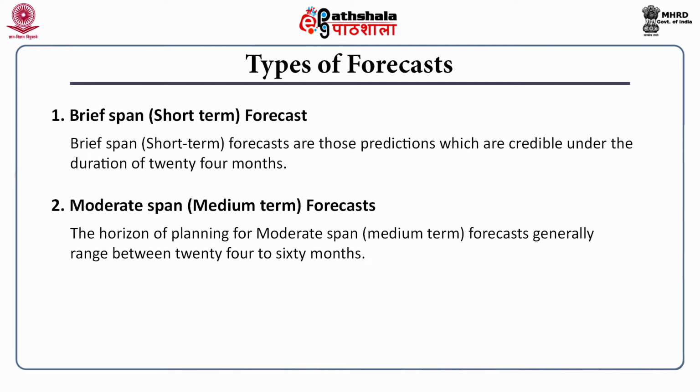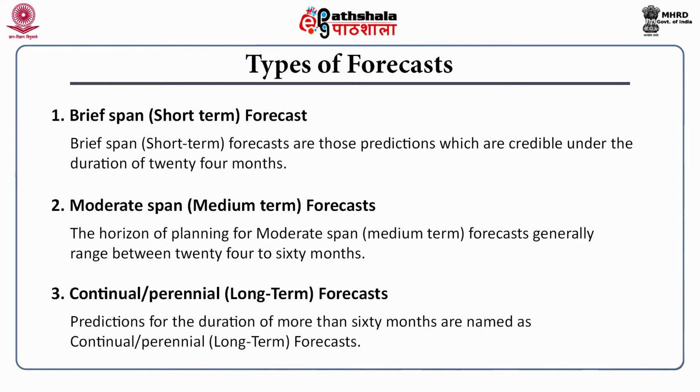Third is continual or perennial, that is, long term forecasts. Predictions for the duration of more than 60 months are named continual or perennial forecasts. These are beneficial in skill acquisition strategy, as requirements of highly skilled professional categories of manpower are forecasted on a long term basis.